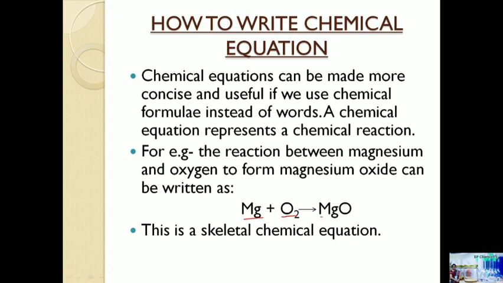Instead of magnesium oxide you can write MgO. It is the formula of magnesium oxide. And if we observe here, this equation is not a balanced one. Here the number of oxygen atoms is 2, but on the product side only one oxygen atom is there. That means this equation is not a balanced chemical equation. So this is a skeletal chemical equation.